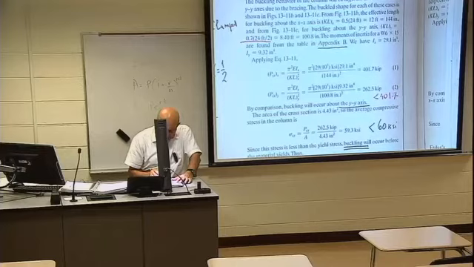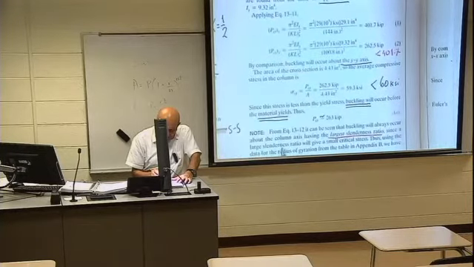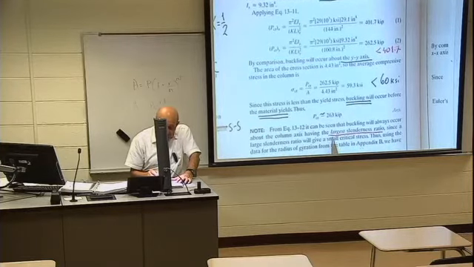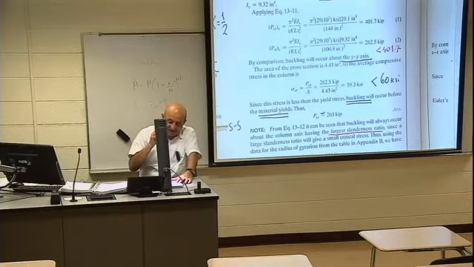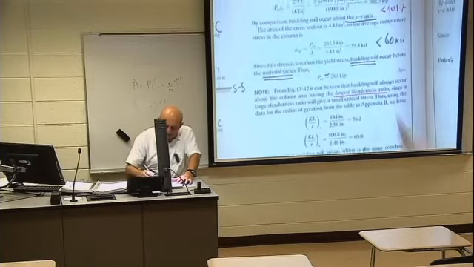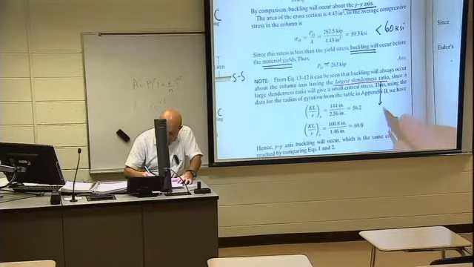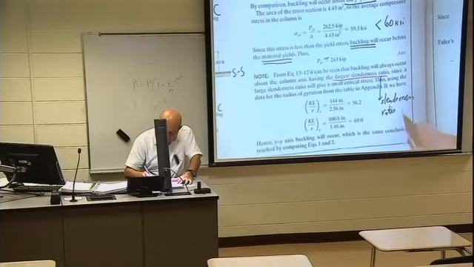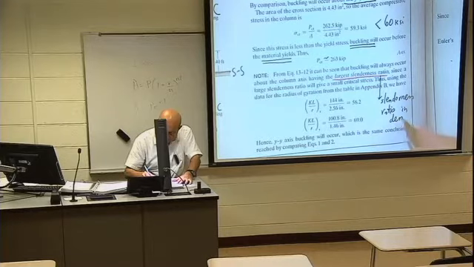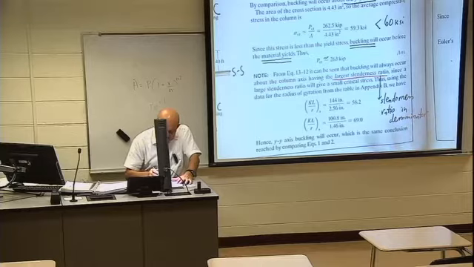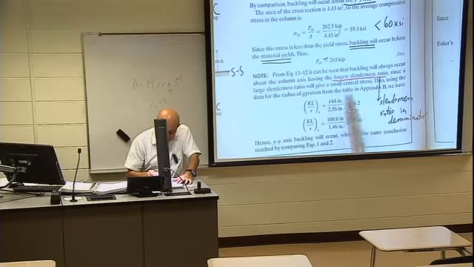From equation 13.12, it can be seen that buckling will always occur about the column axis having the largest slenderness ratio, since the slenderness ratio is in the denominator, and a large slenderness ratio gives a small critical stress.